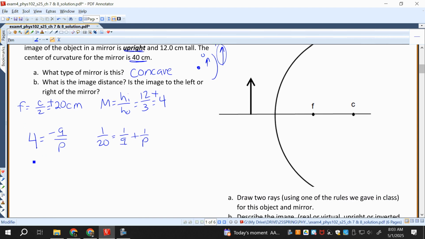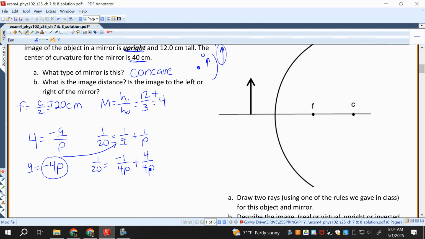I'm going to solve this one for Q. So Q is equal to negative 4P. I just multiply both sides by negative P. And now I'm going to take this negative 4P and put it right here. So I have 1 over 20 equals negative 1 over 4P plus 1 over P. I'm going to go ahead and find a common denominator.